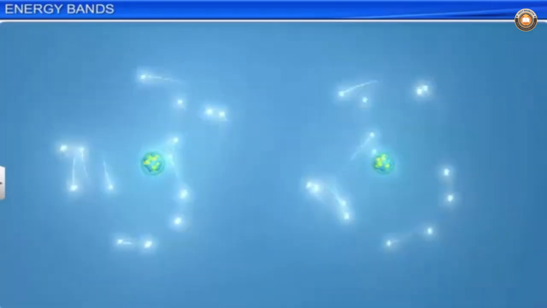This is not possible as atoms are closely packed, especially in the case of solids, and thus there are interactions between the atoms. Due to this, the outer orbits of some neighboring atoms come very close and even overlap.